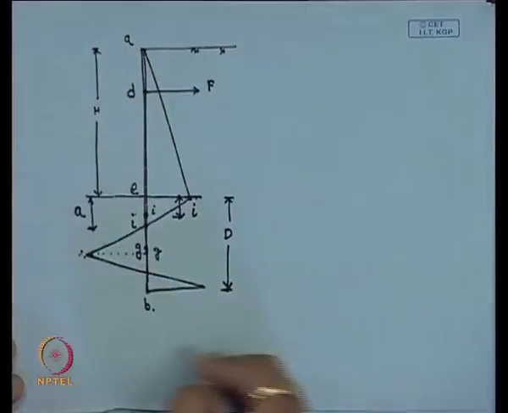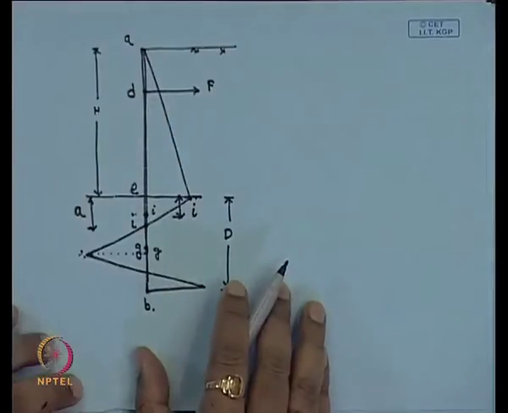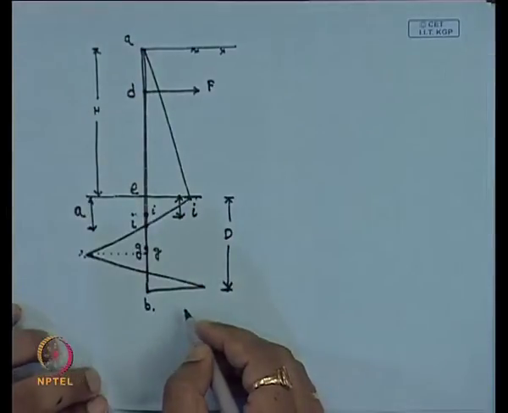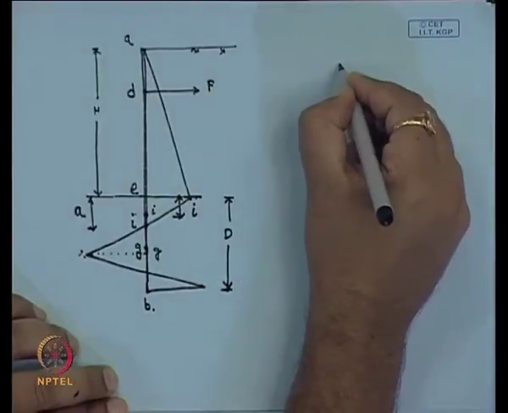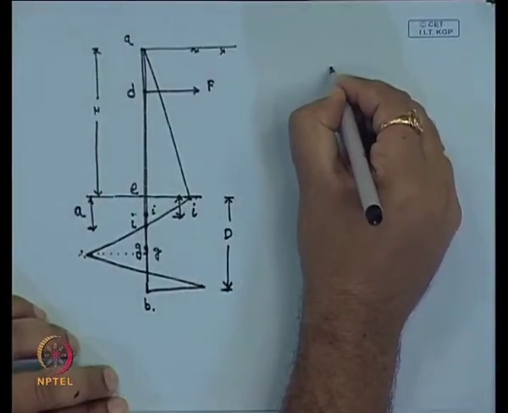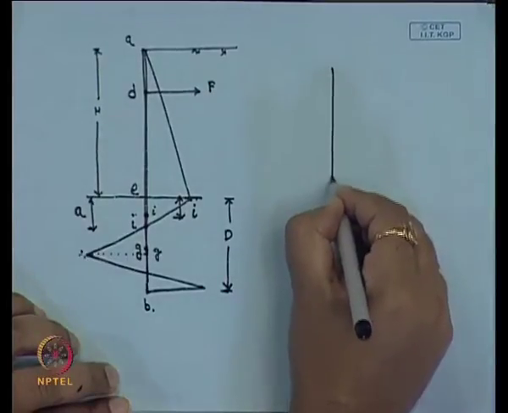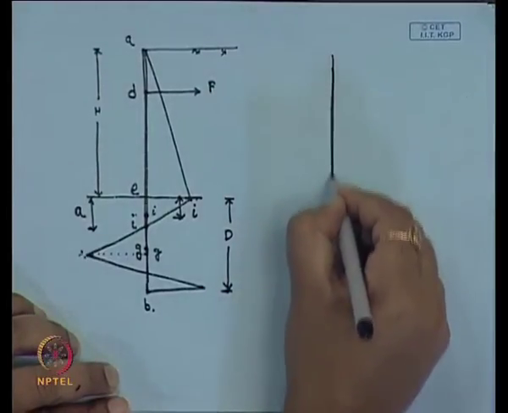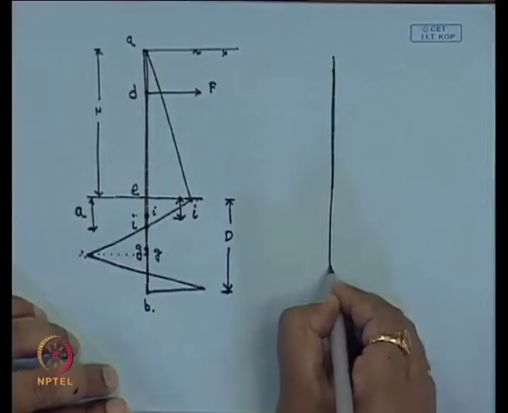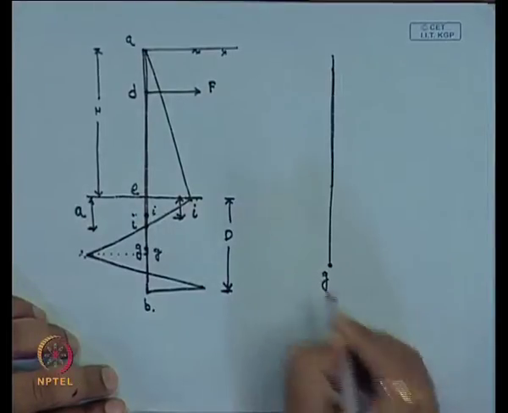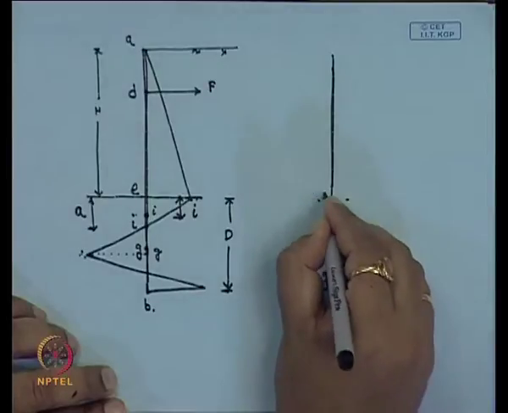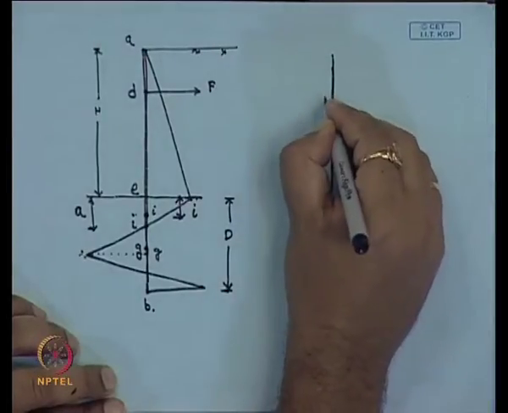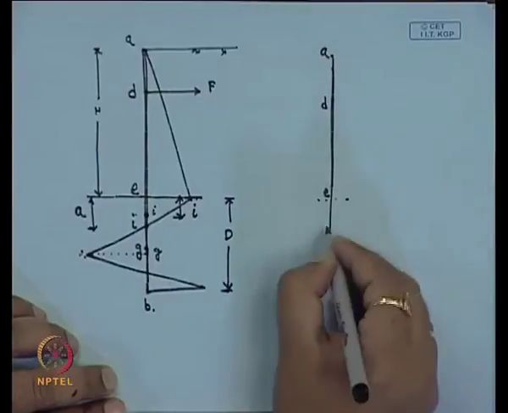Now, from this total system, we are considering only the portion up to G, and if I draw this diagram for the portion only up to G, then you will get this. This is the G point, this is the I point, this is the E point, this is the D point, this is the A point.